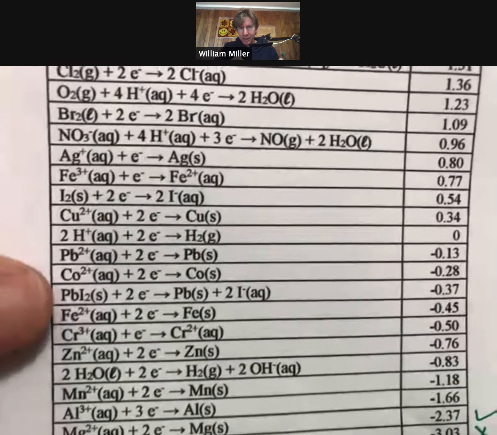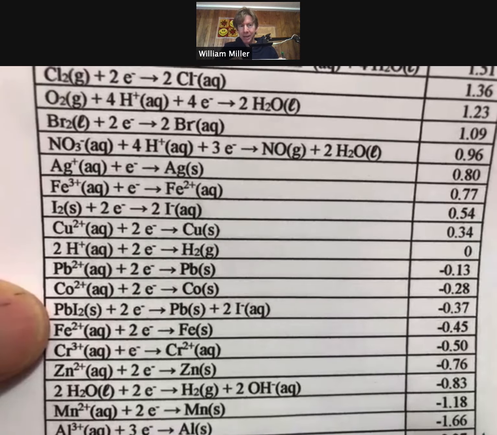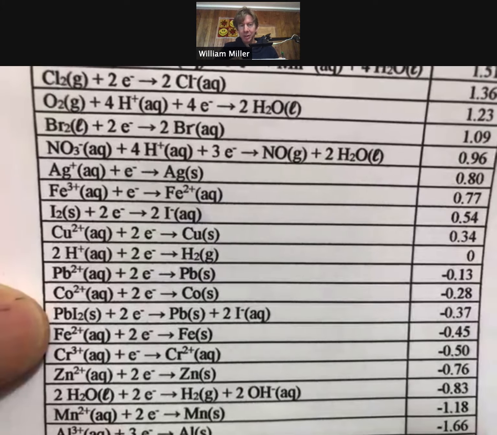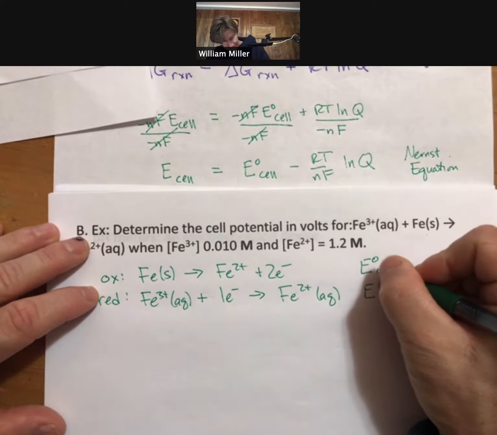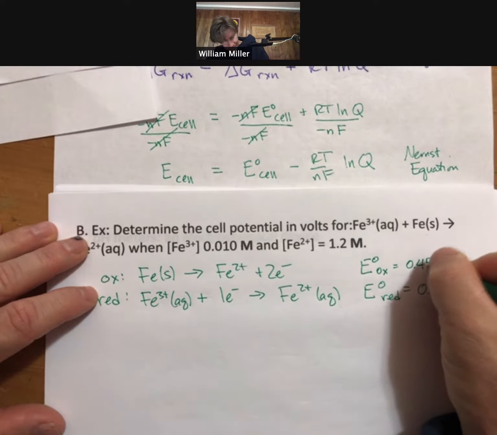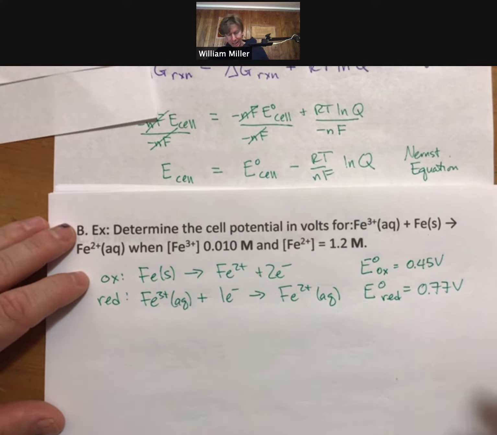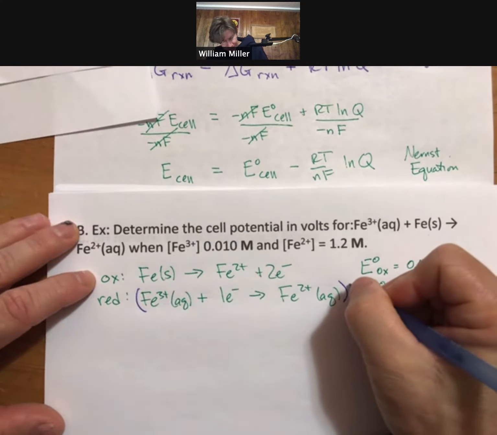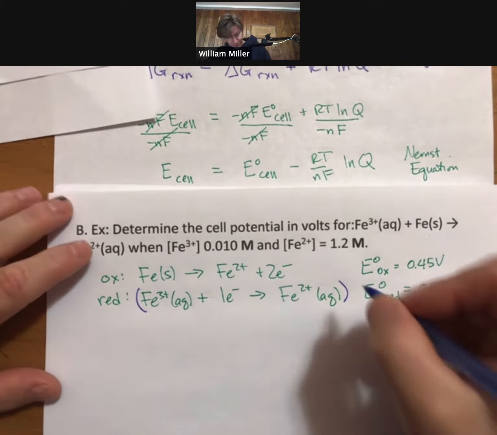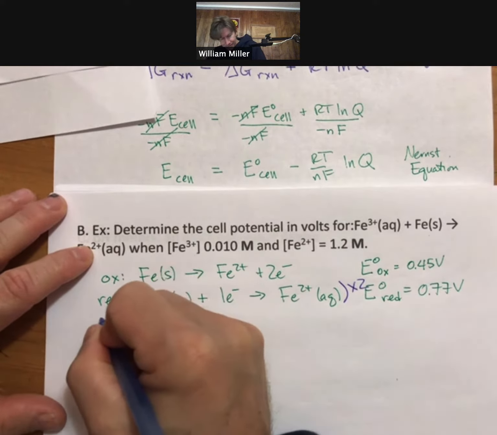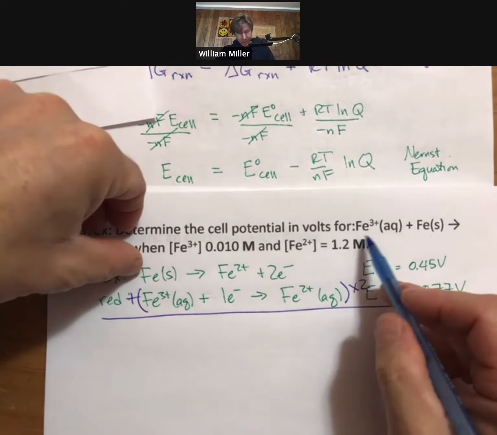We're also going to use as our oxidation this iron reaction shown as a reduction at minus 0.45 volts. Of course, we're going to turn that around and change the sign. And our cell potential doesn't change. I'm going to go ahead and add up my overall reaction. I need to do that because my Q will have coefficients in it. So times 2, and let's do it in the order they have here.